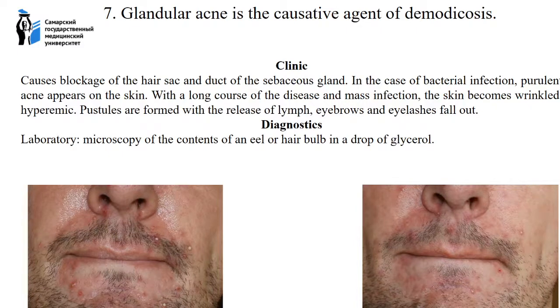Eyebrows and eyelashes fall out. Laboratory diagnostics consist of microscopy of the contents of the oil or hair bulb in a drop of glycerol.